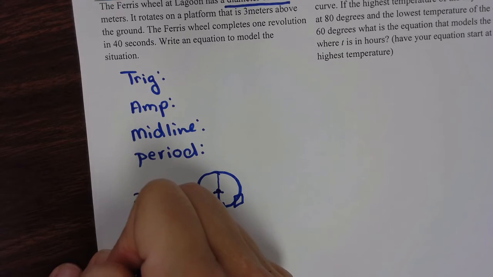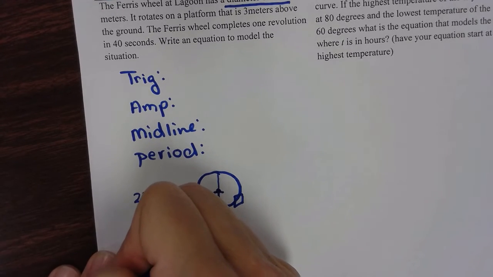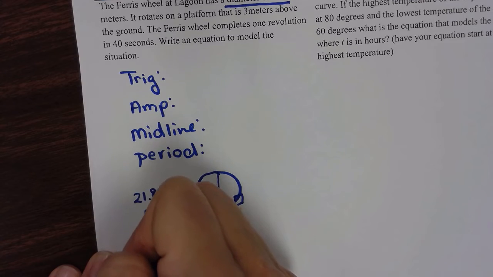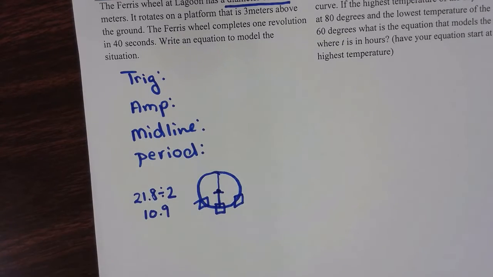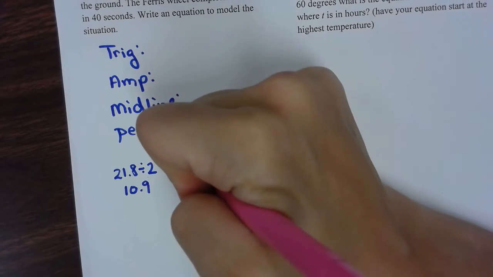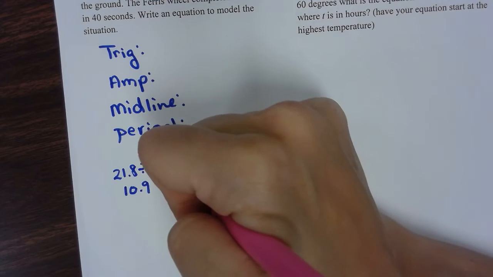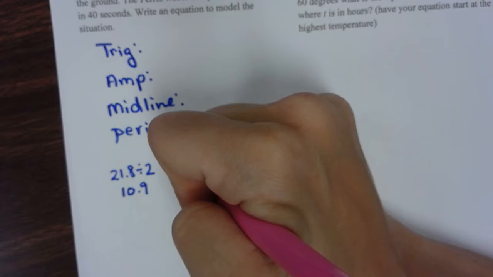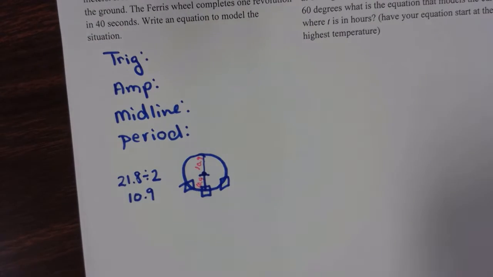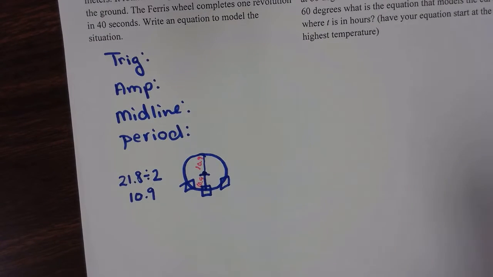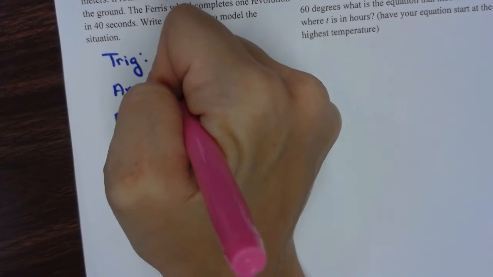We get 10.9. That means that from the center, we are 10.9 meters away. Okay? So that we can fill in as our amplitude.